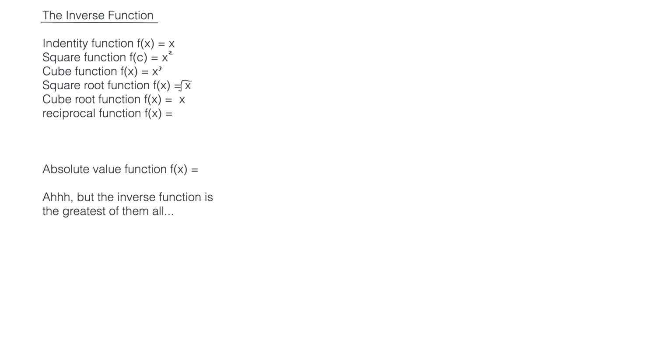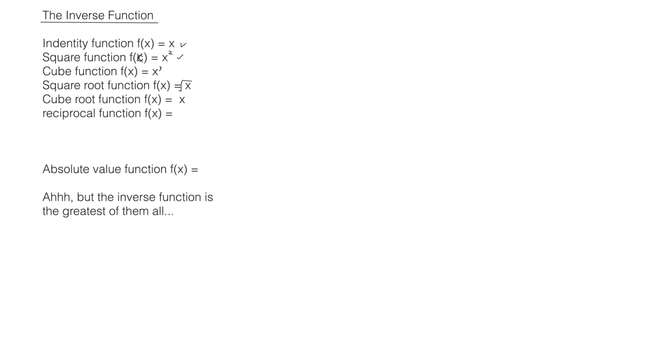It is itself. The square function, oh my goodness, I put x here. It's supposed to be f of x equals x squared. You just square it. Cube function is f of x equals x cubed. You cube it. Like I said, not that original. Square root function, f of x equals the square root of x.